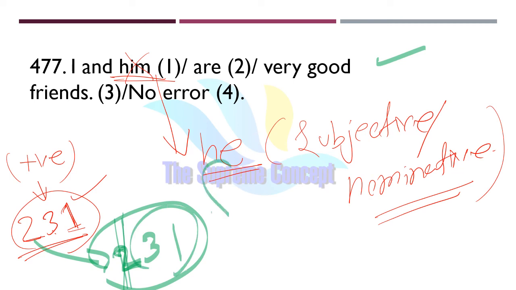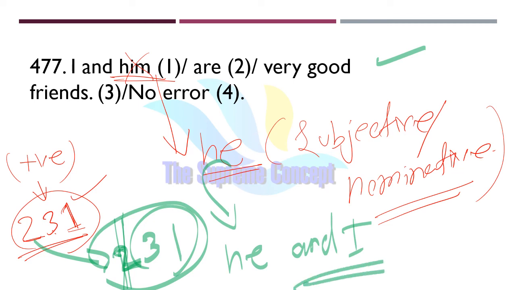So we will place third person first, then first person. So we will use he and I. He and I is our answer. He and I are very good friends.